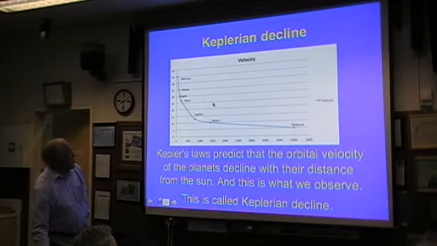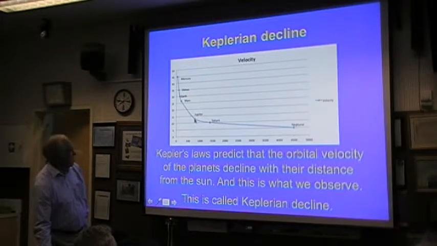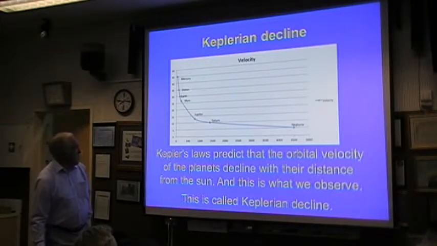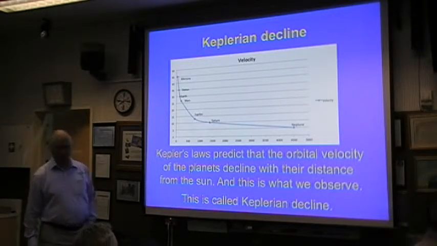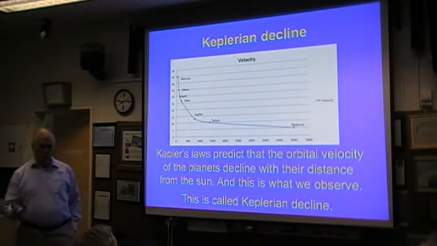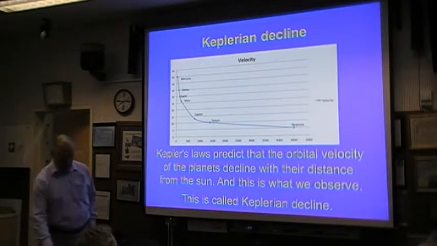Mercury whizzes round at about 45 kilometers a second, Venus 35, the Earth at about 30, Mars at about 27, Jupiter is further away and it's down to about 12 or something, and Saturn is loafing around at about 10 kilometers per second. That's what Kepler and Newton tell us to expect.